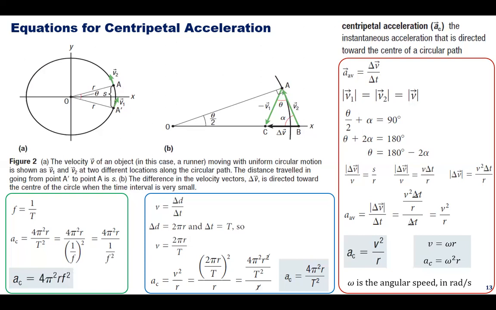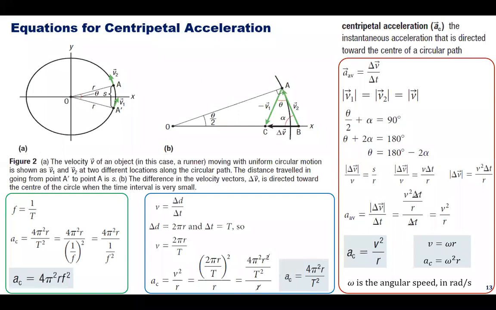So the triangle BAC has the same interior angles as triangle AOA prime in figure 2A. So these triangles are similar. You can check this by using the relations below to show that the angle theta is actually the same for both triangles. Also note that in figure 2b, the angle at point A between vector v2 and the radius is 90 degrees. So we have the following relationship.